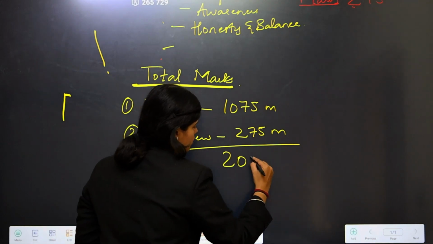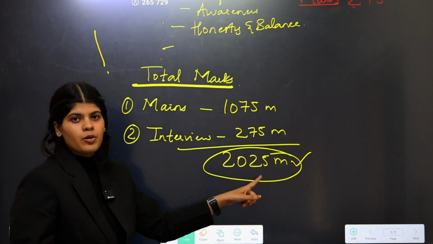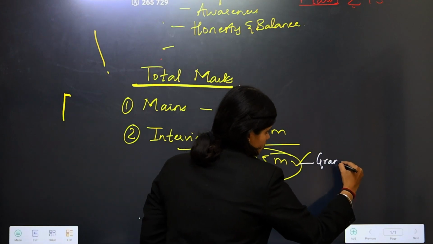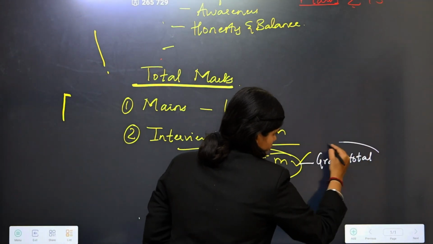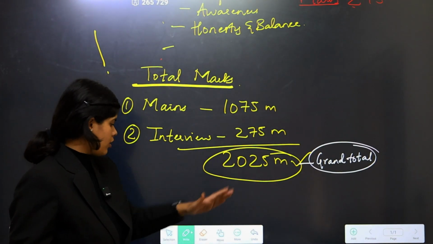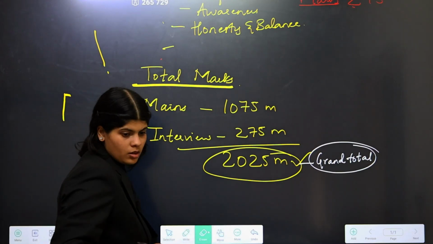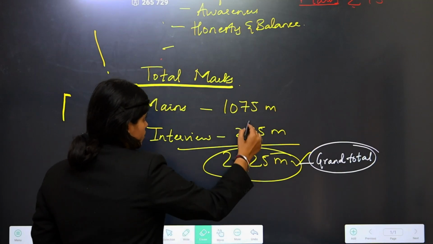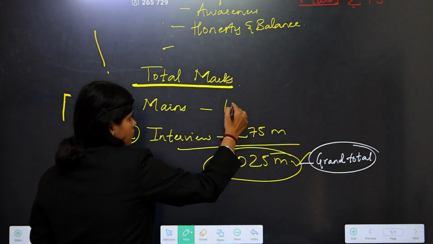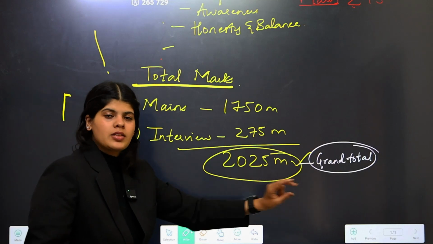Total is 2025 marks. This will be your grand total. Sorry, there's a mistake here. Yes, so 2025 marks is your grand total.